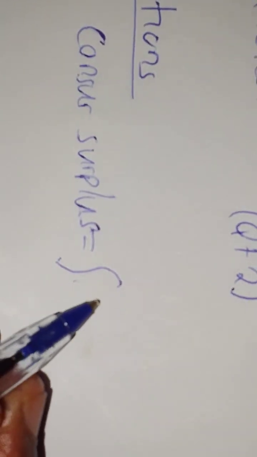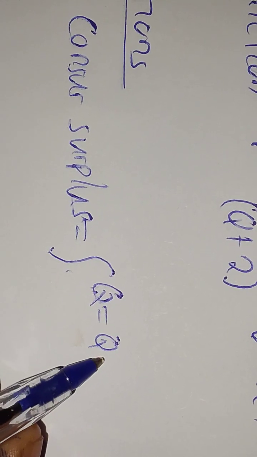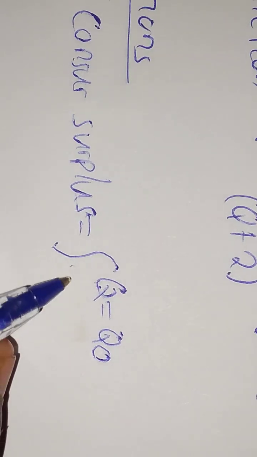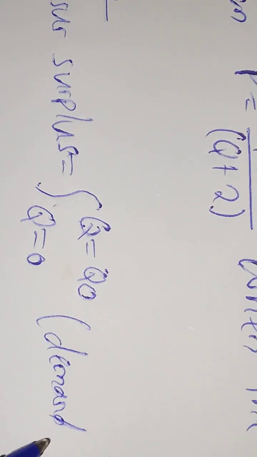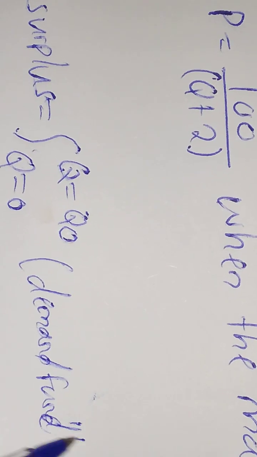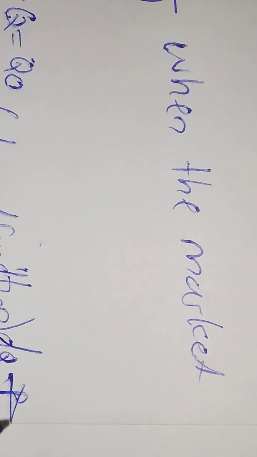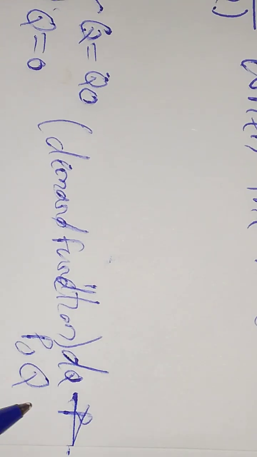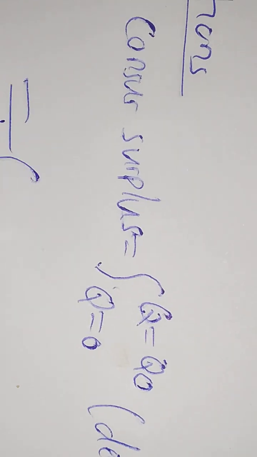We're finding the consumer surplus, which is equal to the integral as quantity goes from 0 to the quantity demanded, of the demand function dq, minus P0 Q0.